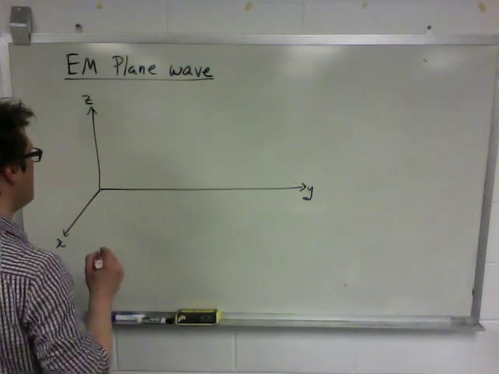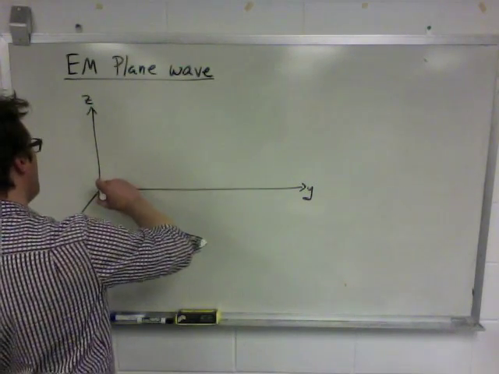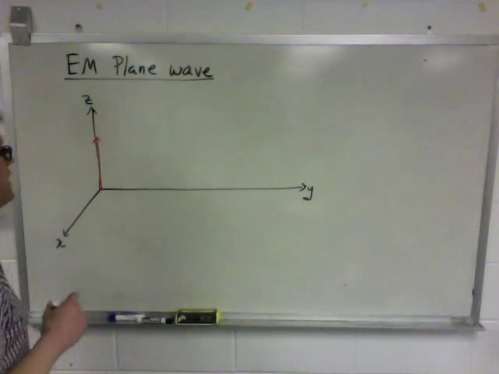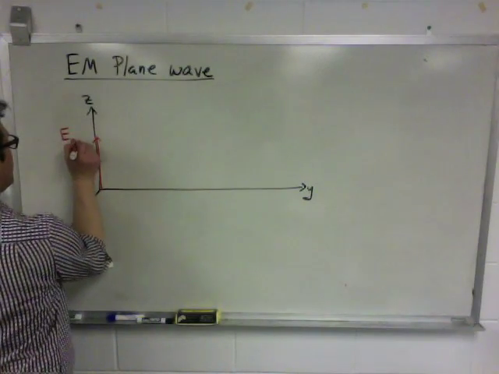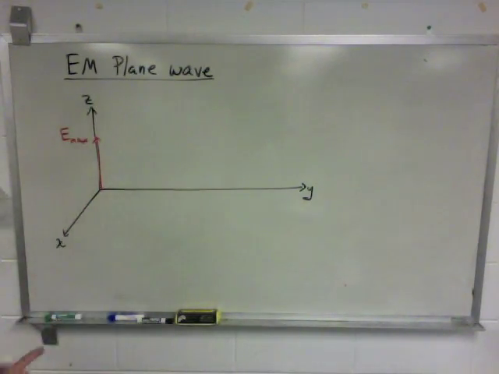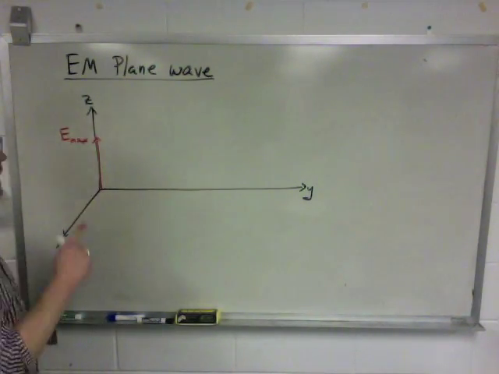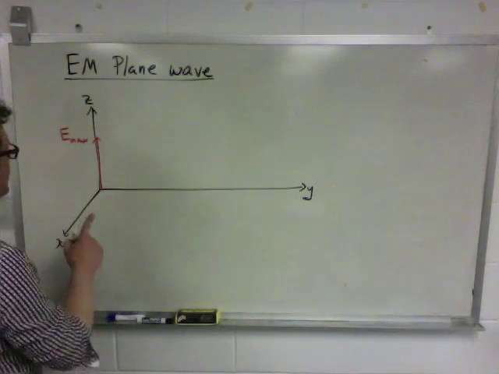So let's say at some moment in time, at the origin here, I have an electric field that points up, and it has some magnitude that I'll call E max. Okay, so this is my electric field vector at the origin at some moment in time.